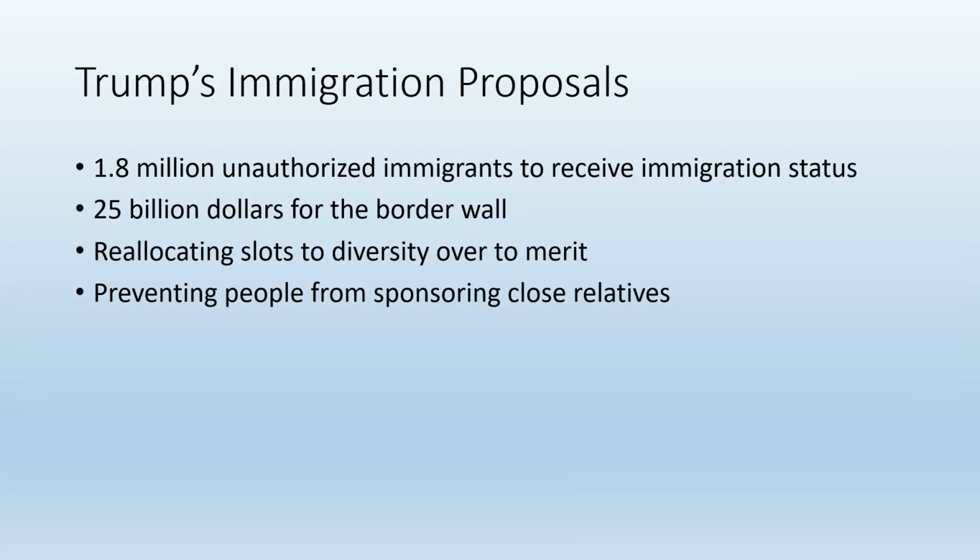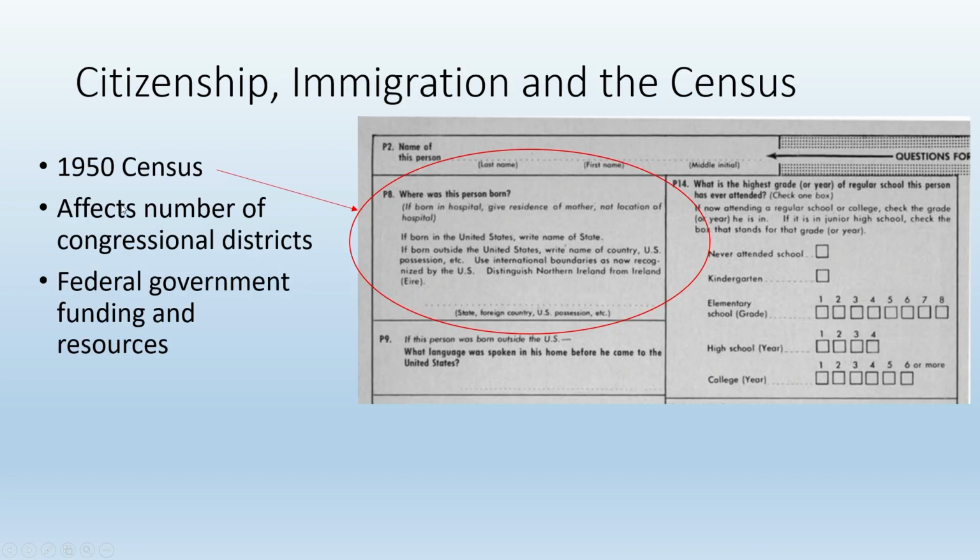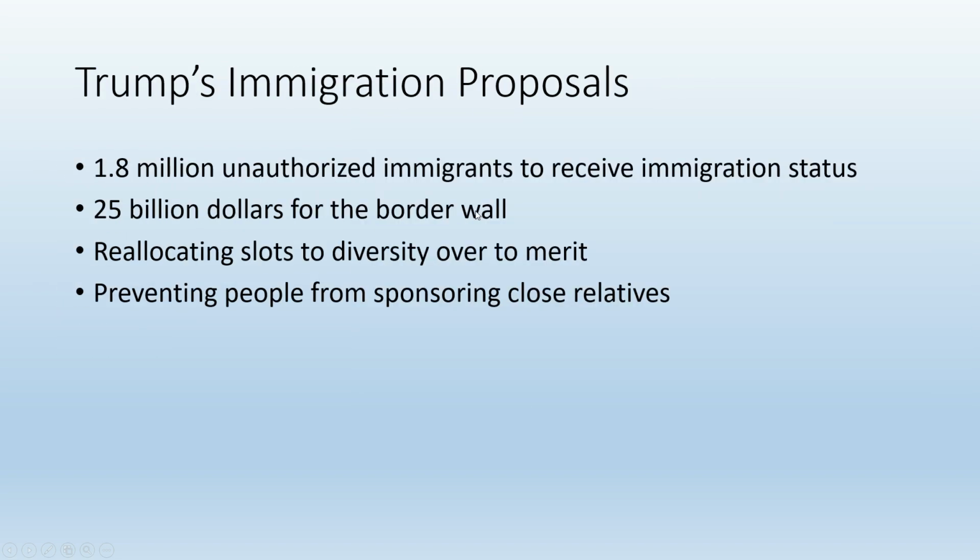Now, Trump's proposal was to give some unauthorized immigrants immigration status, just like in the 80s, but really primarily spend most of the energy in creating a border wall, also to try to stop people from sponsoring close relatives to come over, and shifting to a more merit-based system.